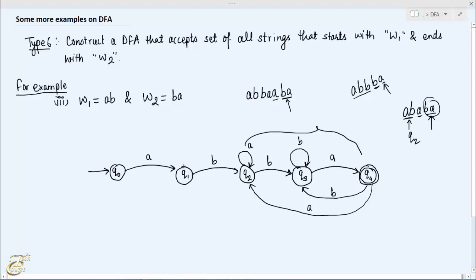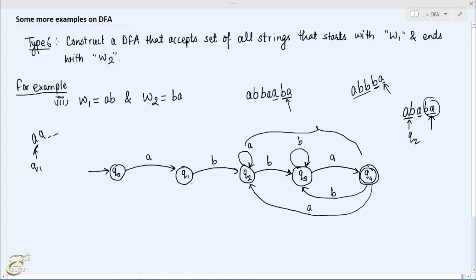Similarly, what if the machine reads the symbol A in Q1 state? That is A after this A, since this A is already read by the machine to reach Q1 state. This indicates that the string starts with AA, therefore does not belong to this language, and whatever the symbol comes after this AA can't be accepted, since it already starts with AA.